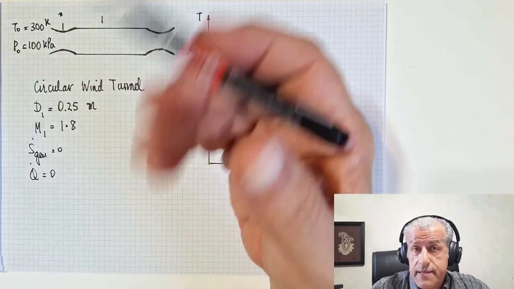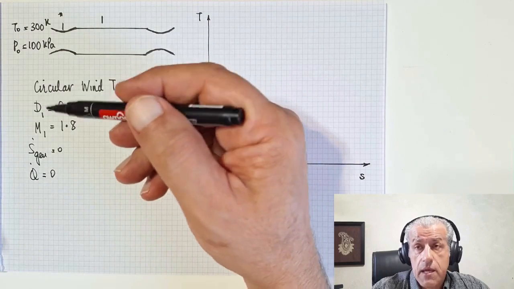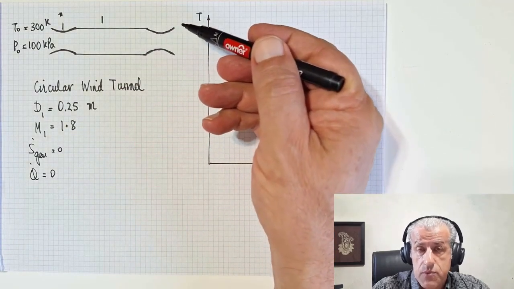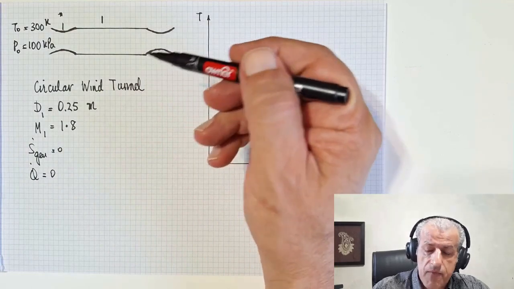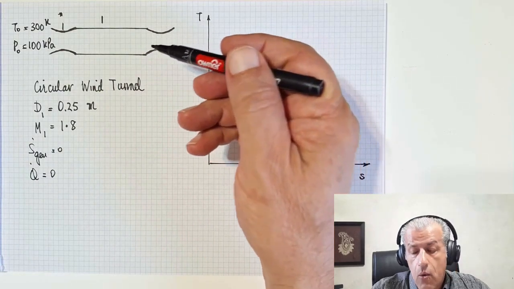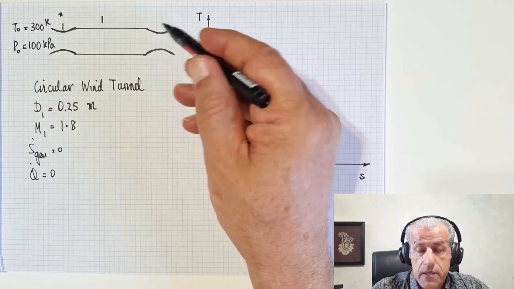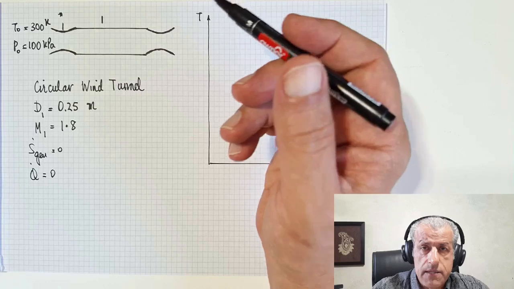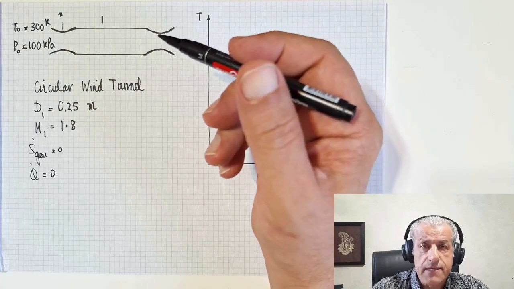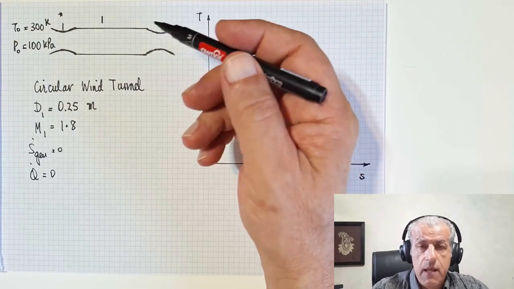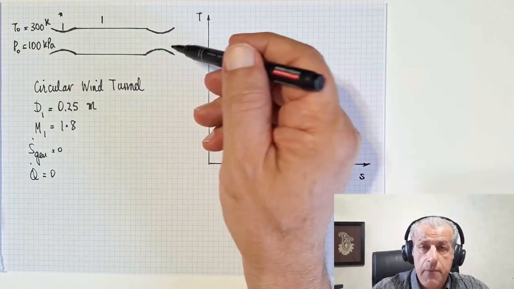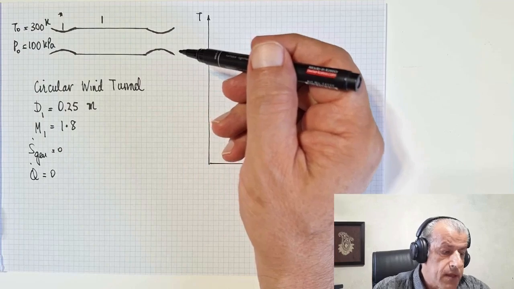So the exact reverse of what happened in the supersonic nozzle would happen in this supersonic diffuser. We shall discuss later why such a concept is not possible, and it's only an ideal concept. But for the time being, let's assume that whatever happens in the nozzle, the reverse of it would happen in the diffuser.